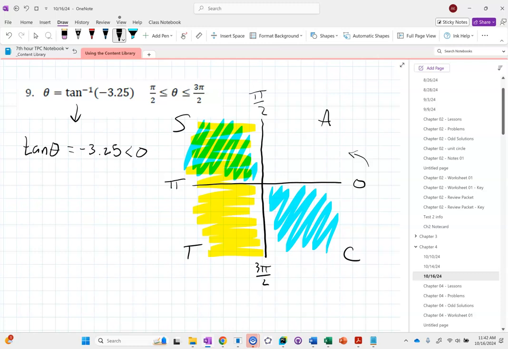Quadrant 4 says C tells us cosine is positive, so the other two, sine and tangent, must be negative, so that's one of them. A is for all, every one of them is positive in the first quadrant, so tangent can't be negative there. So we're concerned with the A and the T, or the S and the C? We're concerned with where tangent is negative. Yeah, Emily's got it.